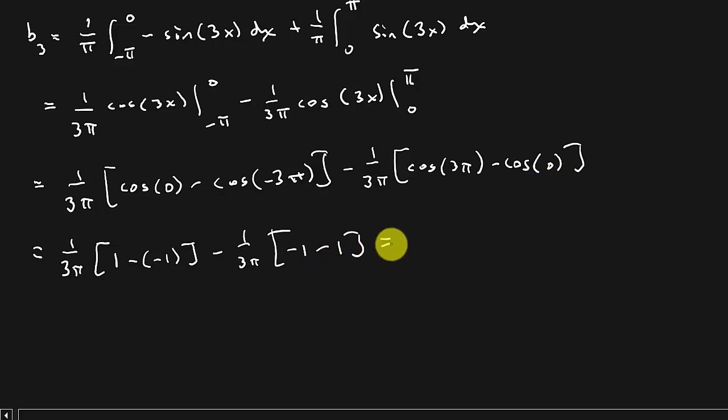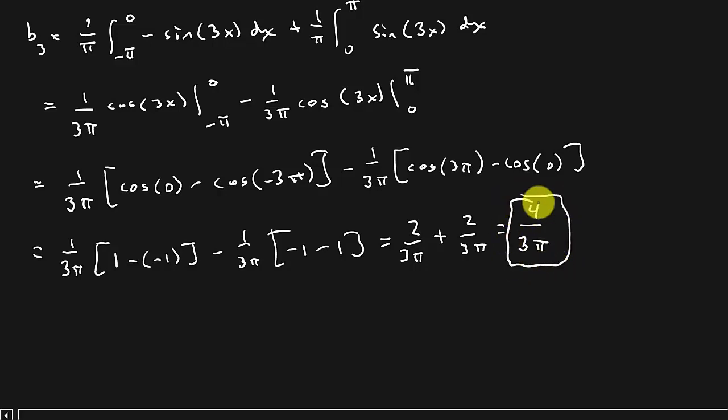And this ends up being 2 over 3 pi plus 2 over 3 pi, which is 4 over 3 pi. All right, and so there you go.